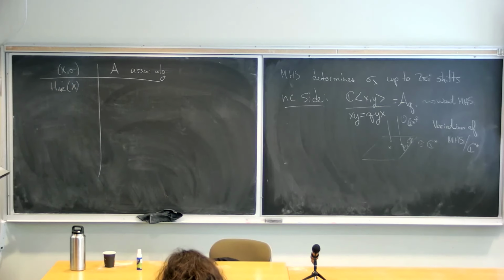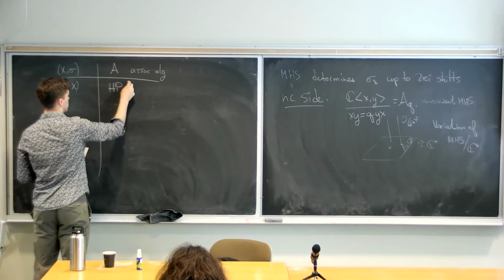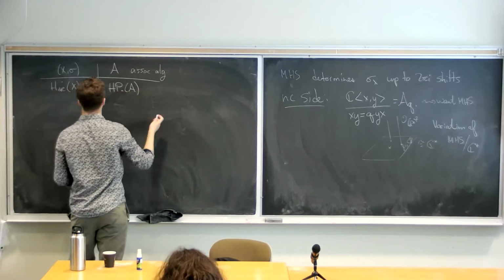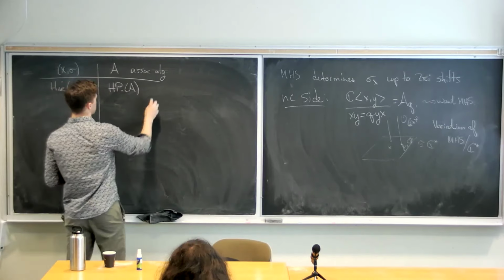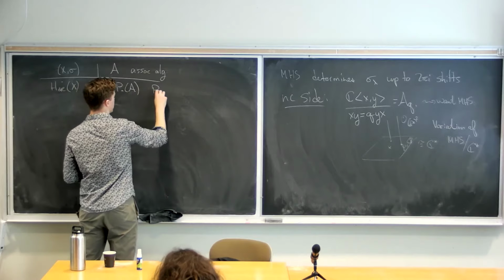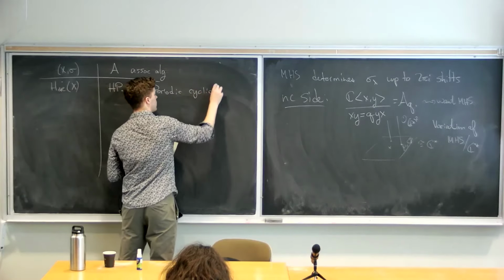This seems difficult. Well, there are invariants that are cooked up for this. So you want to replace the de Rham homology by this thing called the periodic cyclic homology.